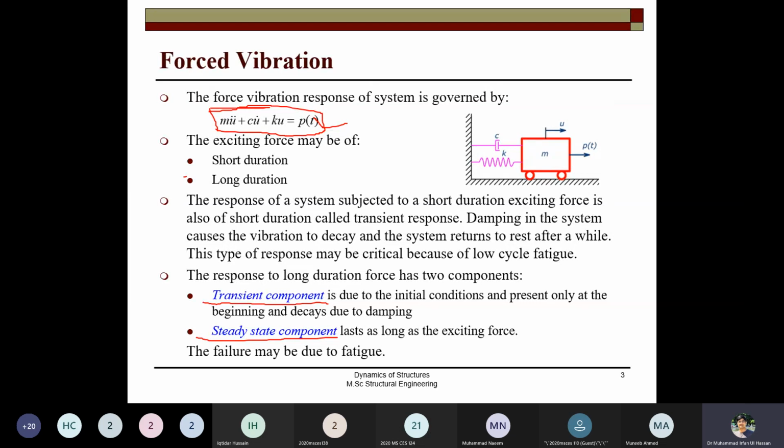But the transient response is just due to the initial condition. You can say it is the response of the system due to the initial force when it is applied, and how the system behaves, like a free vibration response. So this is a transient response.